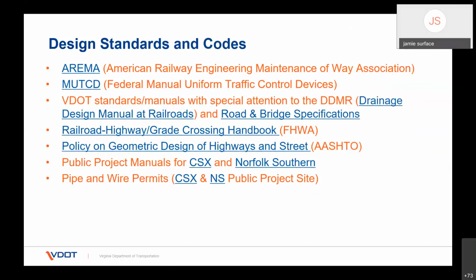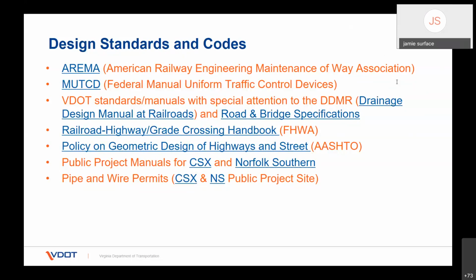And here's a reiteration of those design standards and codes. A couple of things here that weren't mentioned earlier that I think bear mentioning is the pipe and wire permit for CSX and NS. That's typically a separate permit from anything else that you do in an agreement or right of entry.